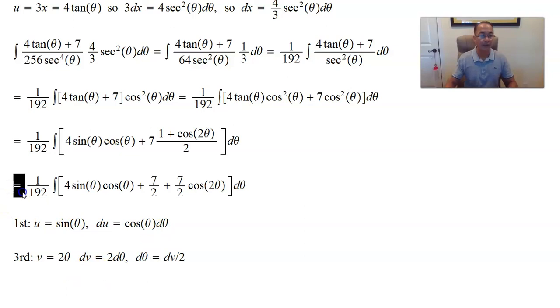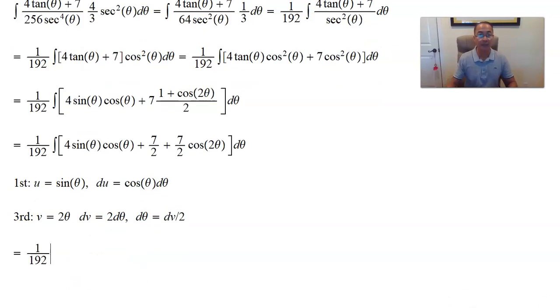Okay, so you get 1 over 192, and we have a bunch of integrals. We have the integral of 4, our sine theta is our u, our du is cosine theta d theta, so that's 4u du.